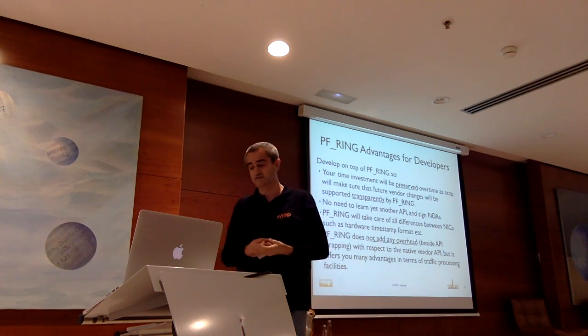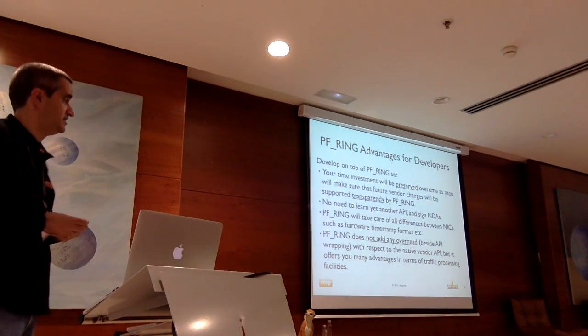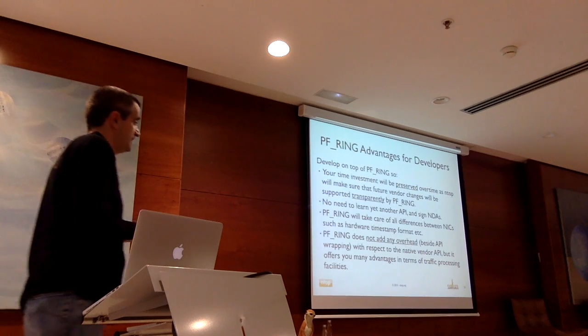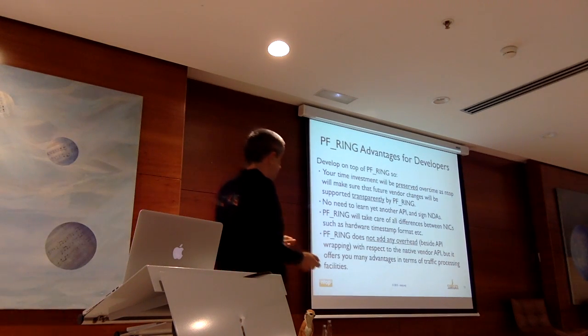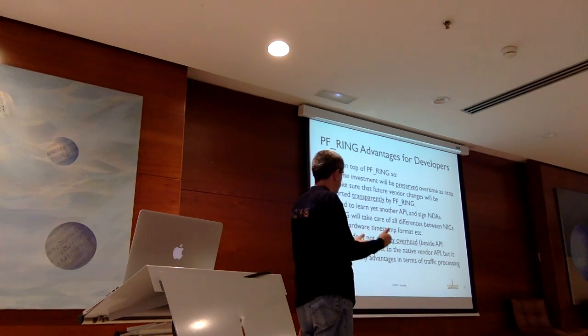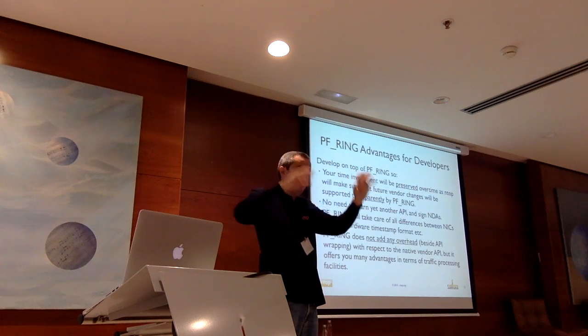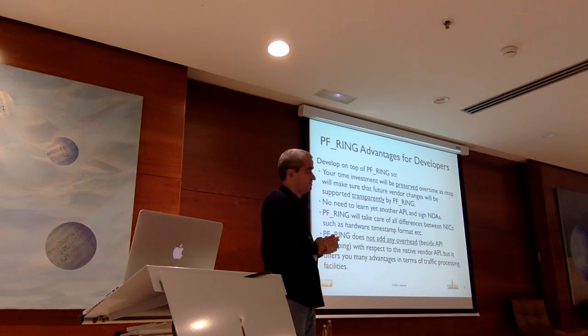Again, the hardware timestamp is one example of the kind of problem we can have when moving from one adapter to another. The overhead is simply the API wrapping, so basically almost no overhead. We don't copy packets internally. We simply give you one API for different types of network adapters.